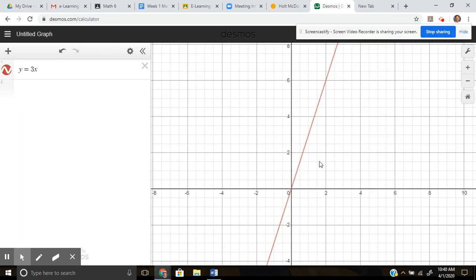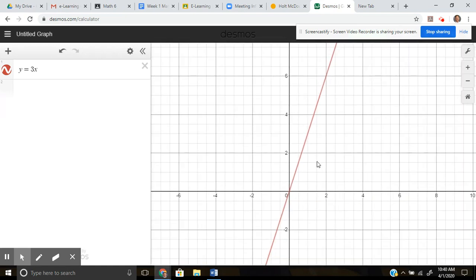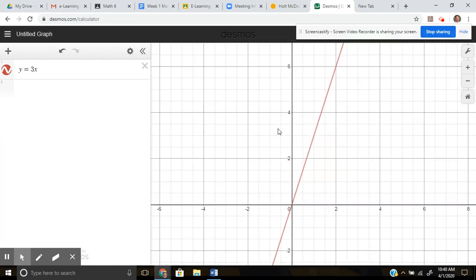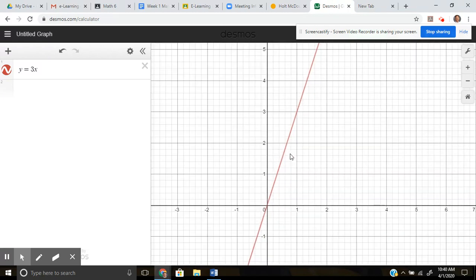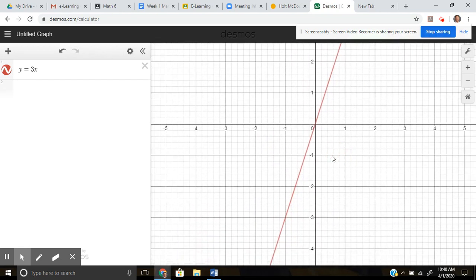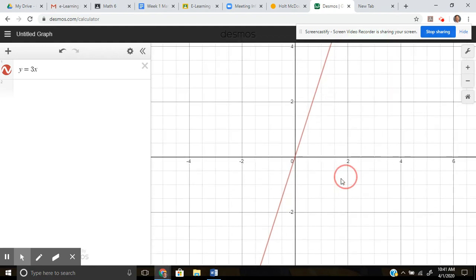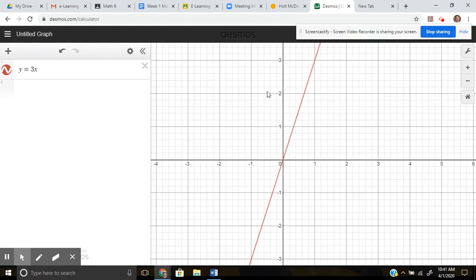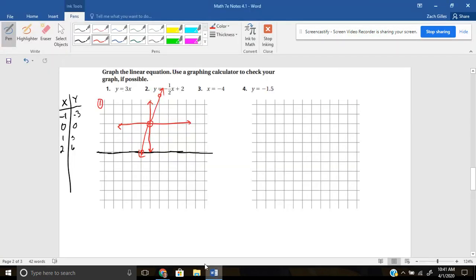If you want to zoom in, you can zoom in. But it goes through the same points that we had: 0, 0, 1, 3, 2, 6, and -1, -3. So that's one way that you can double check your answers, by going to Desmos.